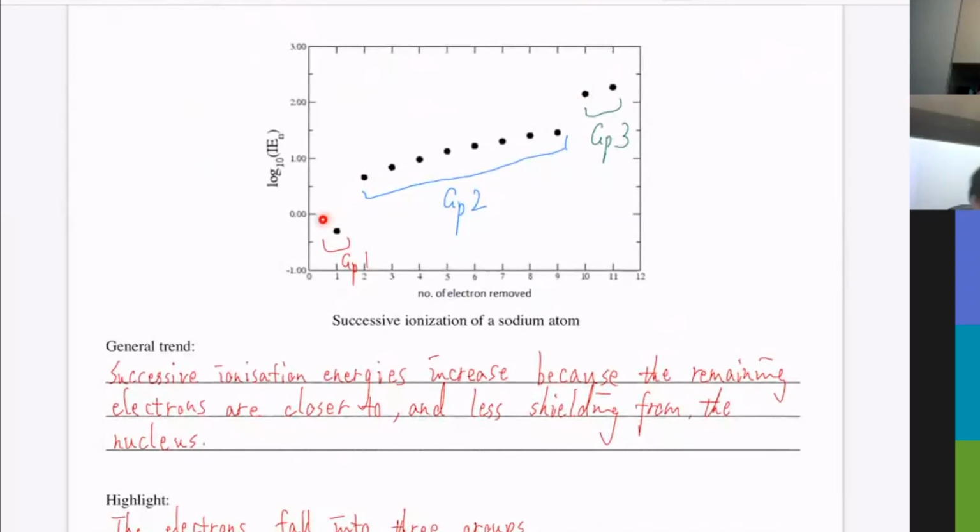I've removed 1 electron from the outermost electron shell, and from the second electron, I'm removing it from a closer electron shell in the middle. That's why this element, which is sodium, is from group 1. Only 1 electron in the outermost shell.